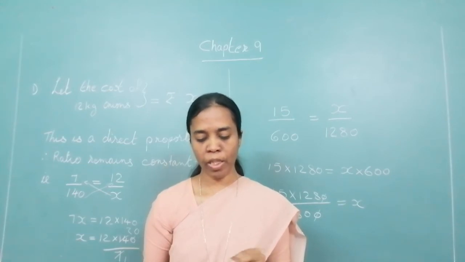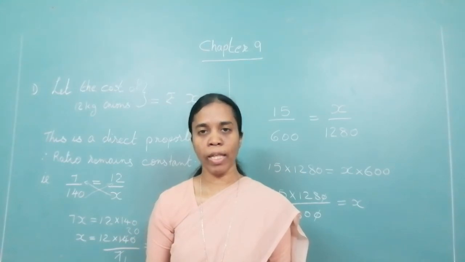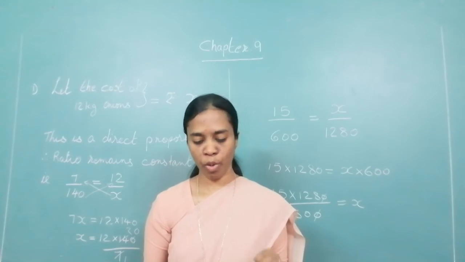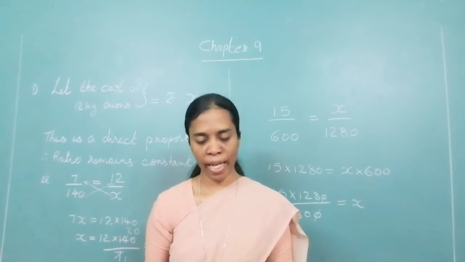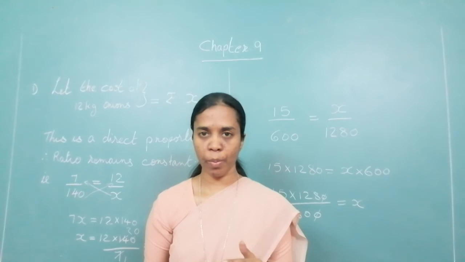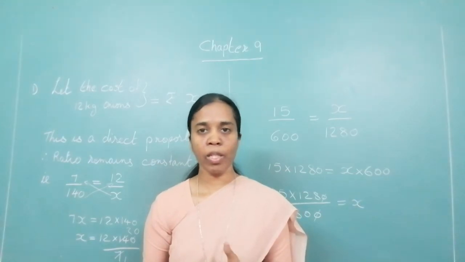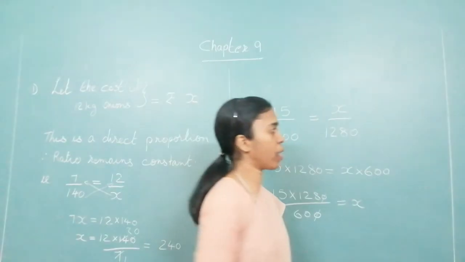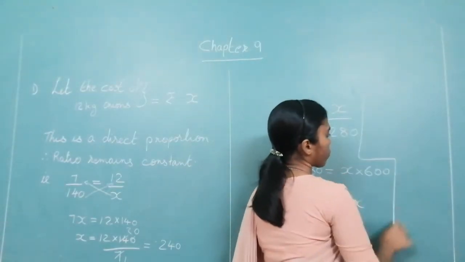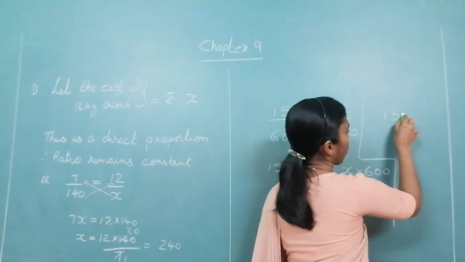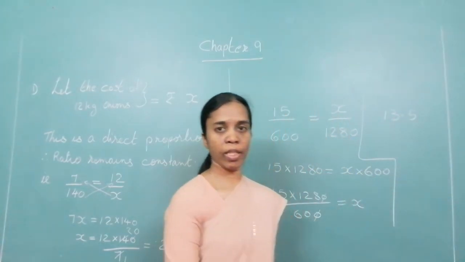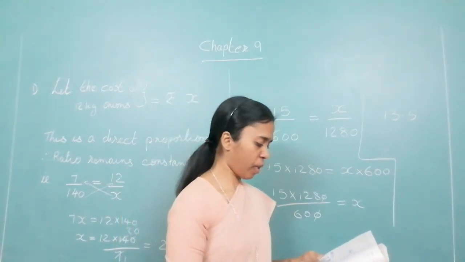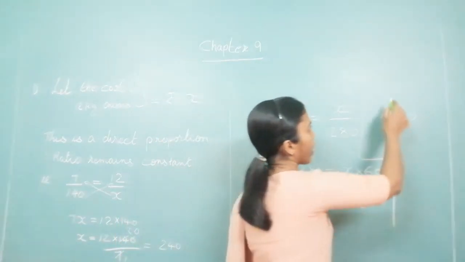Let the food supplement needed for 12 cows be X. This is a direct proportion. In direct proportion, the ratio remains constant. Now 13 kg 500 gram, you can write it as 13.5. That is for 9 cows.